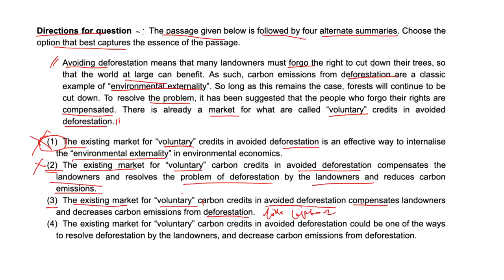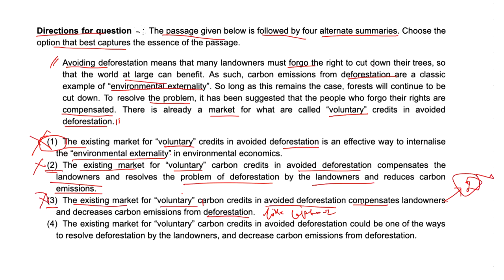It states that the existing market compensates landowners and decreases carbon emissions, which is not established in the paragraph. The paragraph presents the idea of using voluntary credits to address deforestation and its associated carbon emissions, but doesn't confirm that this is already occurring. Therefore, it can be treated as equal to option 2, and this option also cannot be taken as the most appropriate summary.